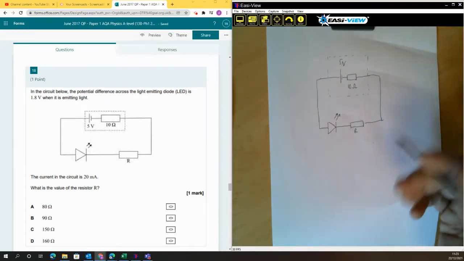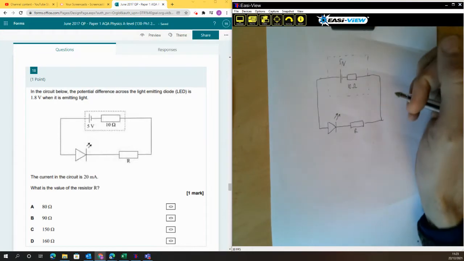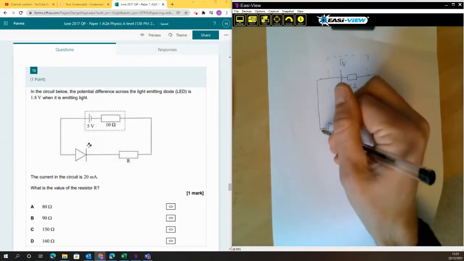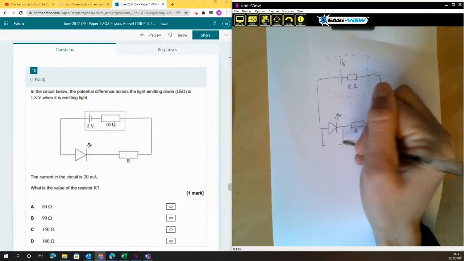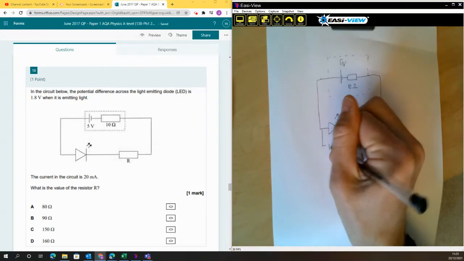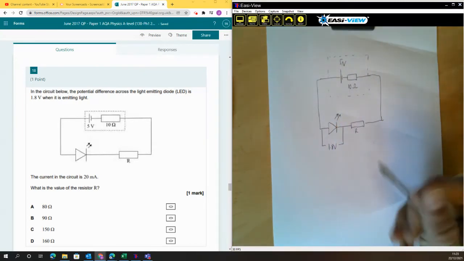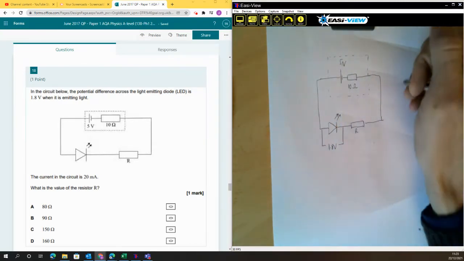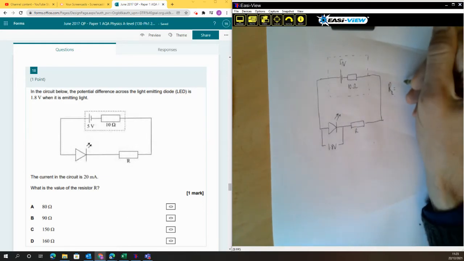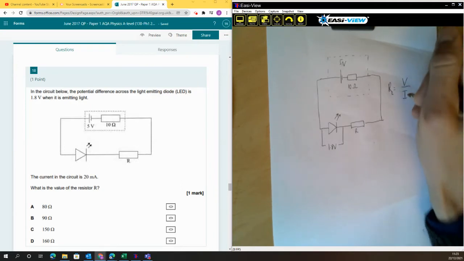So there's a few different ways of approaching it. I would probably look at, we know that the potential dropped across the LED is 1.8 volts. So I know that value, so I can work out the resistance of the LED. The resistance of the LED, I'll call RL, is the potential difference dropped across it over the current.